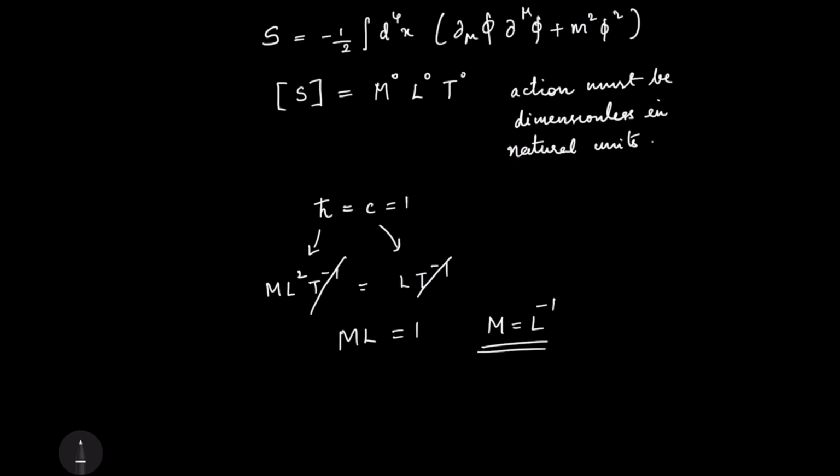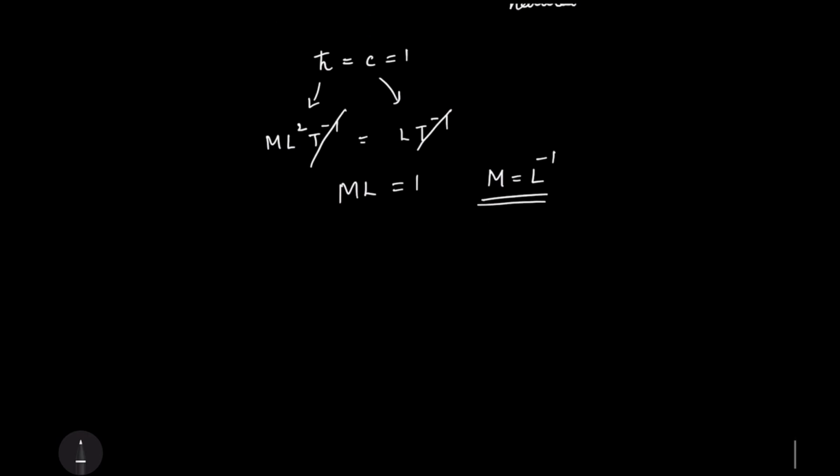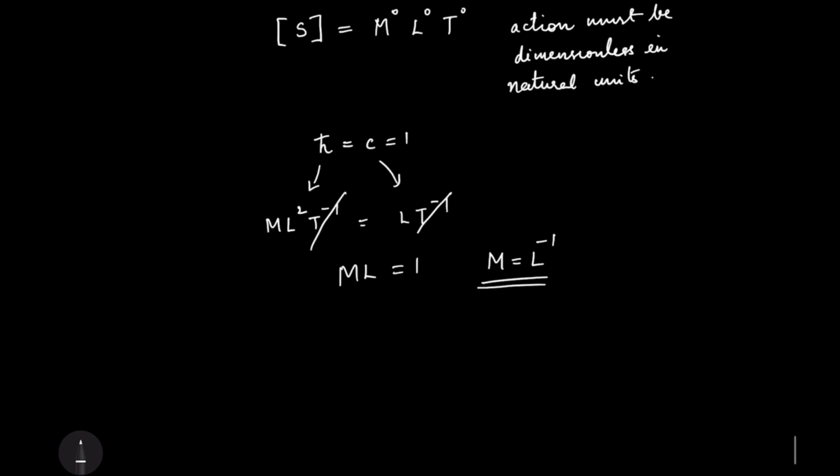So here we get that the dimension of mass can be equated to the inverse of the dimension of length. Also, c equal to 1 implies L T raised to minus 1 is equal to 1, which means L is equal to T. So length is equivalent to time.